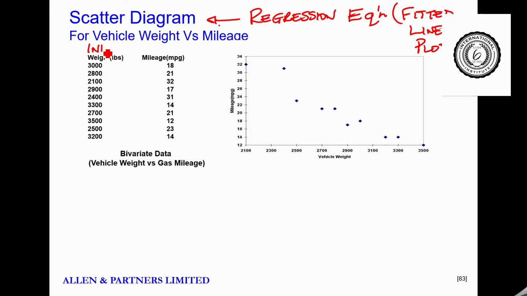So what we've got here is the input and the output. Just to be clear, for those of you that are not mathematically minded, the input is always an X. The output is always the Y. What that means is when Minitab draws the diagram, it will always put the input across the bottom scale.